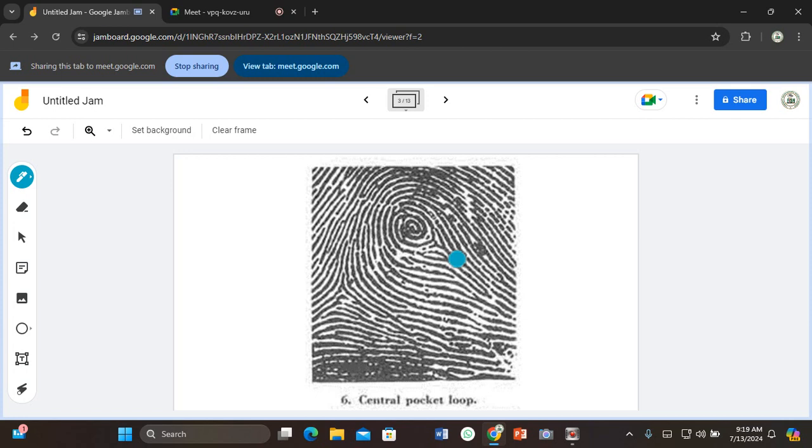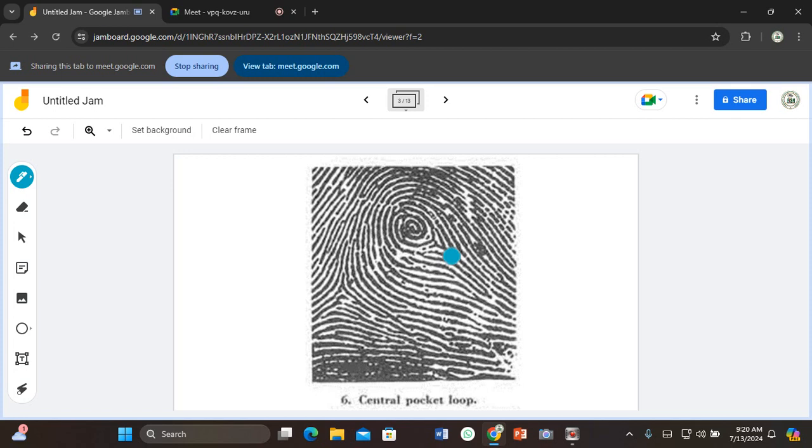So this is one of the indicators that this is a central pocket loop or not: when you draw a line from one data to the other, from the left hand side data to the right hand side data, and the line does not cross the curve that made the complete circuit, then you say you have a central pocket loop.